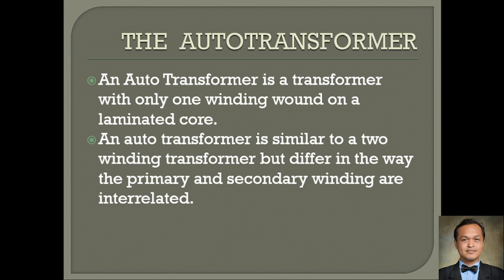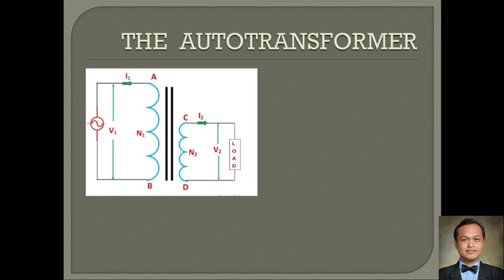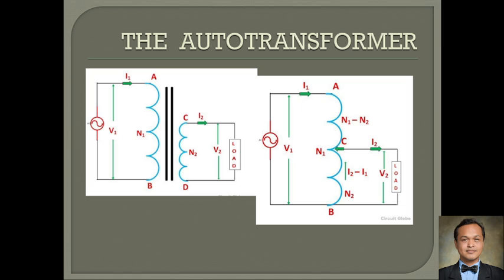Now, let's look at the schematic diagram of an ordinary transformer. As you can see, there are two windings for a transformer, the primary and the secondary winding. While in the auto transformer, the primary and secondary winding are physically connected.